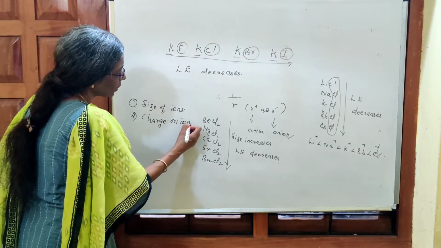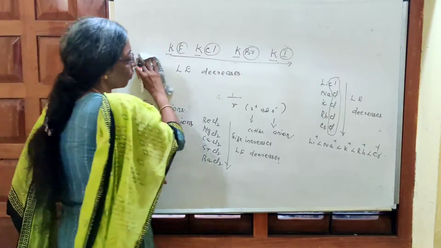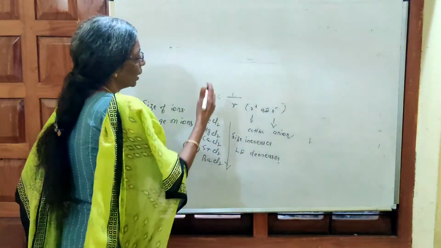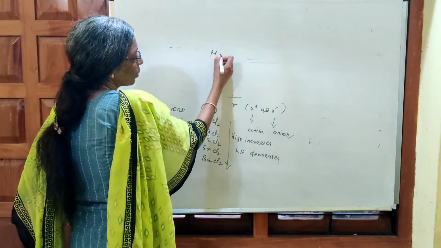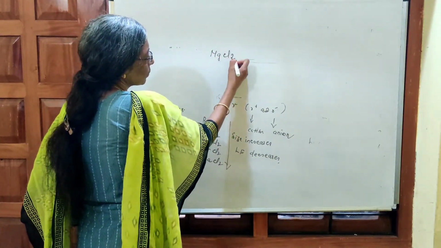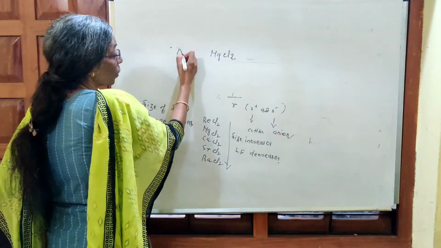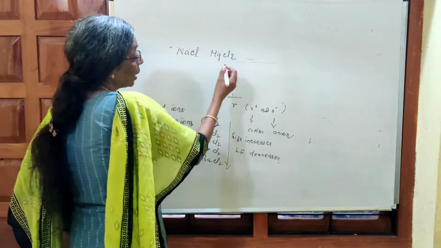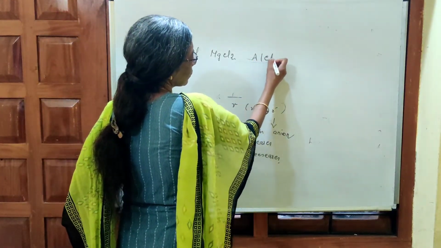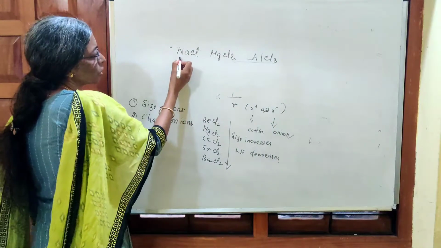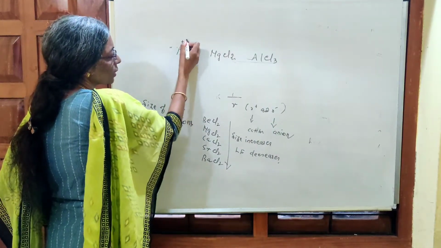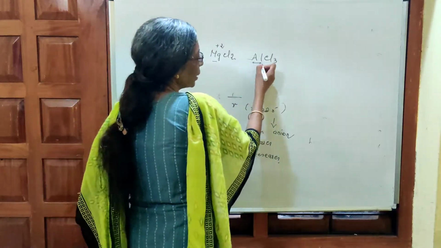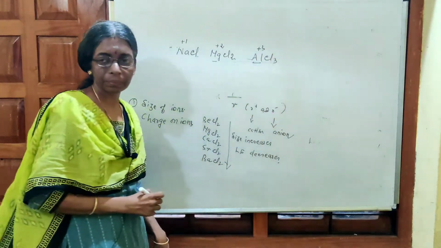Okay. Next one. Second one is charge on ions. How can we find out the charge on ions? If you take magnesium chloride, then sodium chloride, aluminum chloride, here you see sodium has plus 1 charge, magnesium plus 2 charge, aluminum plus 3 charge.